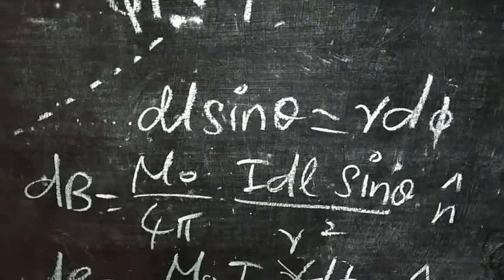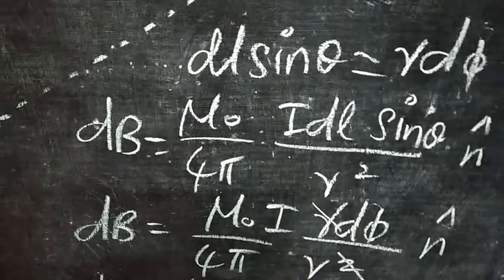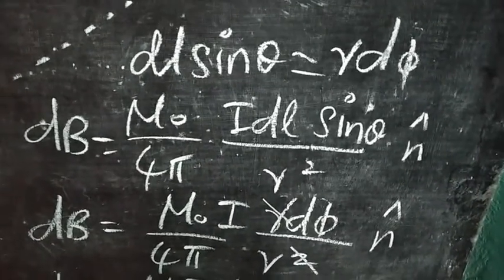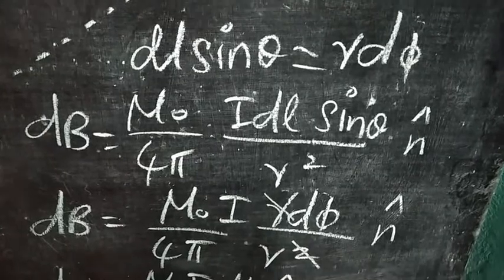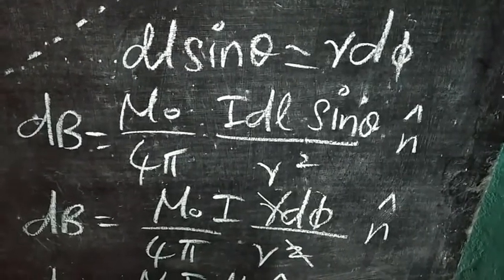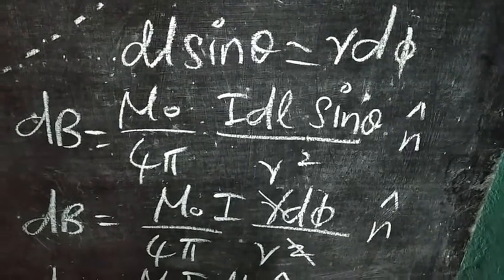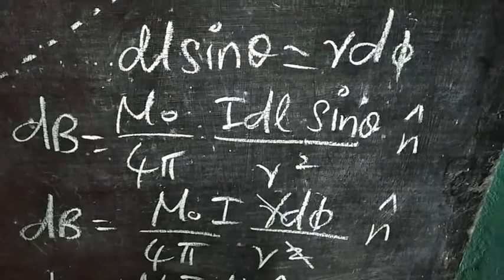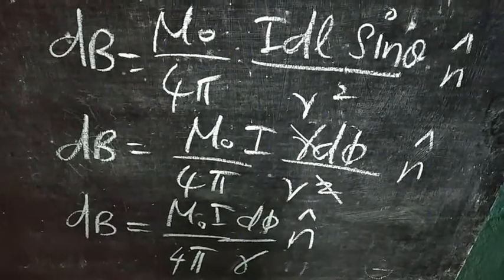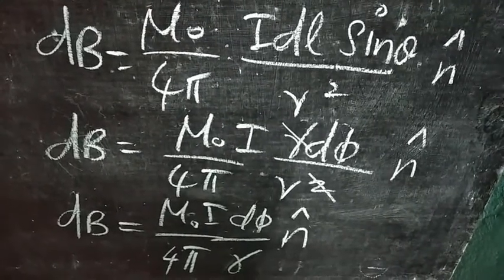So dl sin theta equals r d phi, and we obtain dB equals mu naught by 4 pi, I r d phi by r square, n cap. Denominator r square, numerator r, so r cancels. We obtain dB equals mu naught I d phi by 4 pi r, n cap.